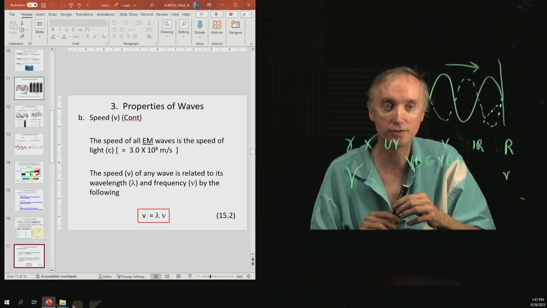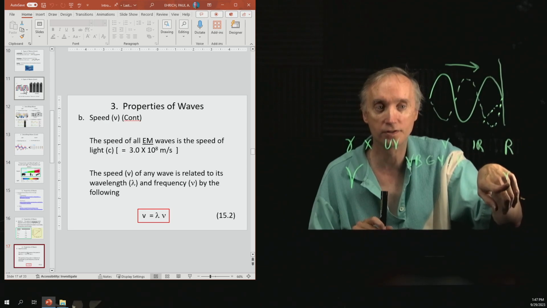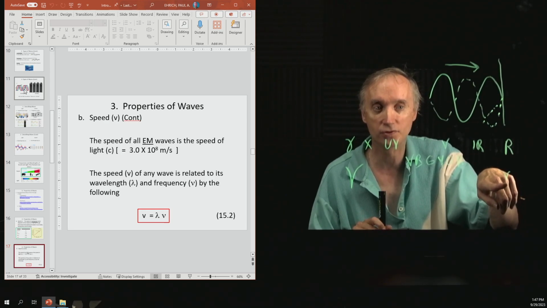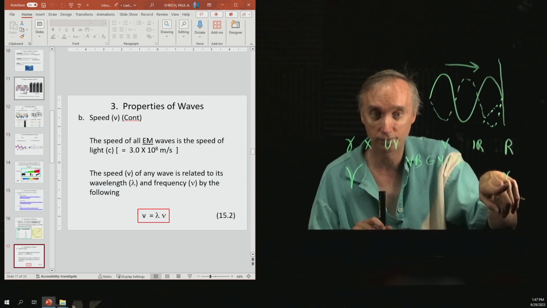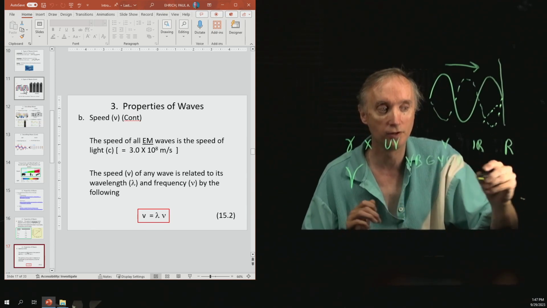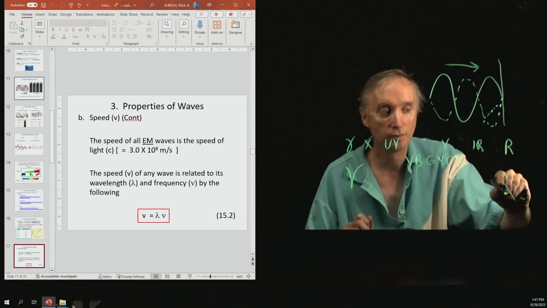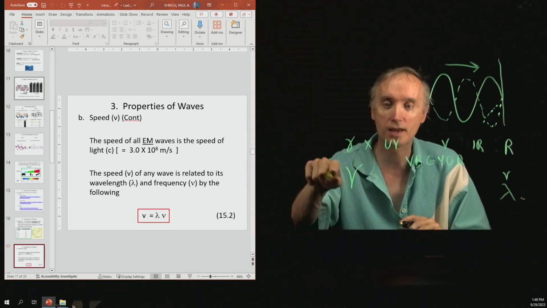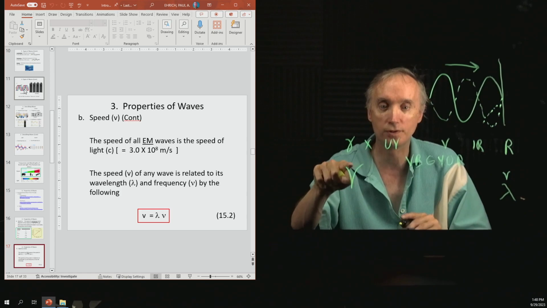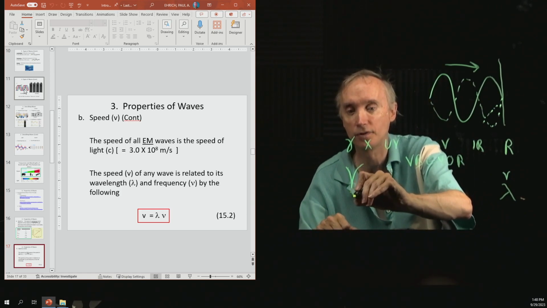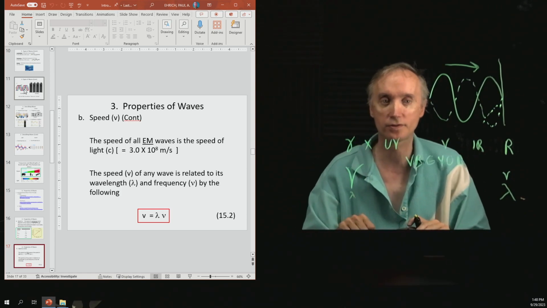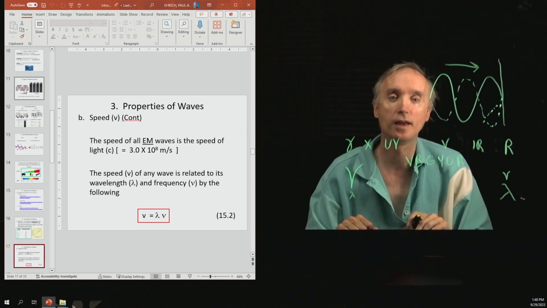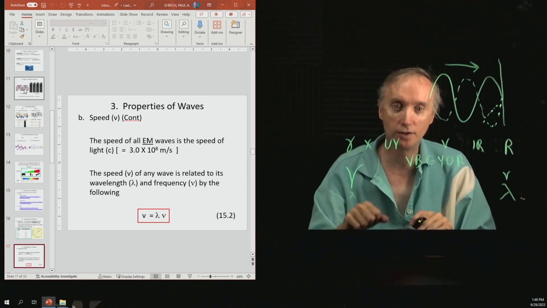So on this side of the spectrum, this has the small frequencies, so it must have the large wavelengths. And on this side over here, this has the large frequencies, so this must have the small wavelengths. It all comes down to this formula here.